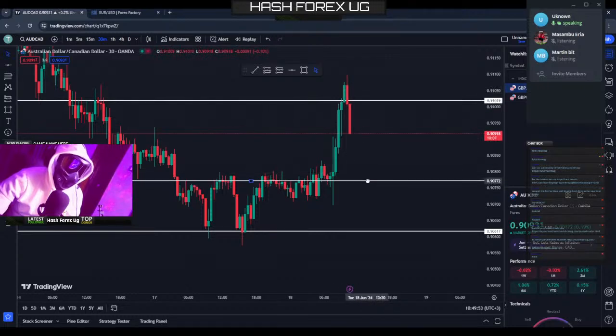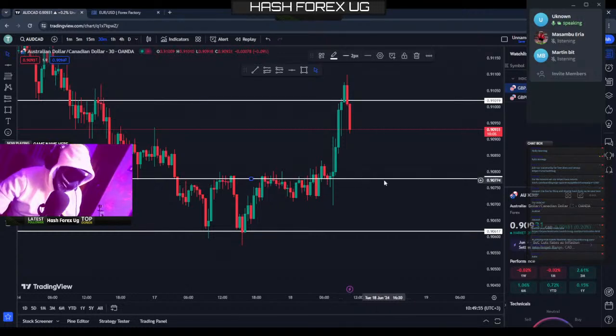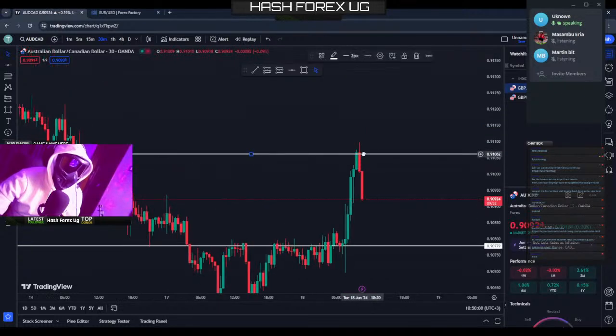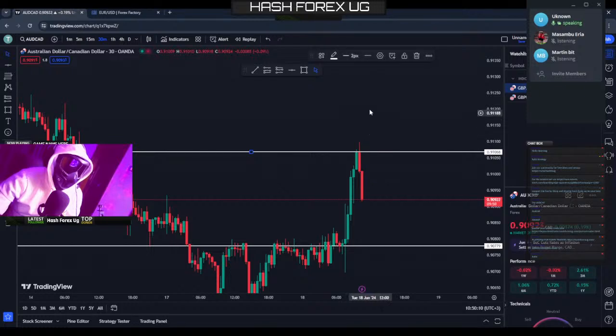If it is here, you're going to put some sales below. If it breaks this support, it will be able to come back to this zone, and then the buys, you have to get them above this zone.